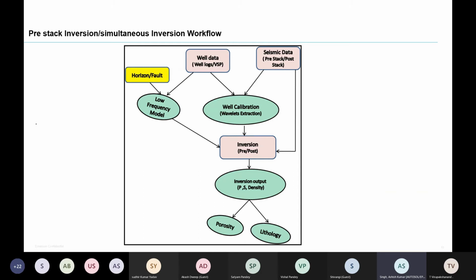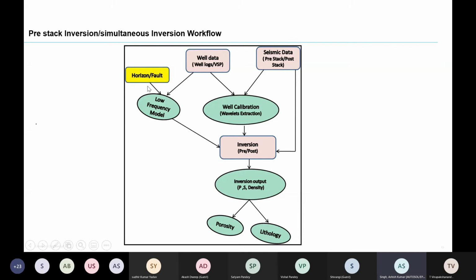So what input data should there be in inversion? Suppose you are going to do the inversion: your seismic data, basically. Seismic data may be pre-stack or post-stack. When you are doing pre-stack, you have gathers or partial stacks. When you are doing post-stack, you need post-stack data. And well log data: your impedance log, density log, your basic logs, should be present. And the well to seismic tie, and your interpretation of the area.